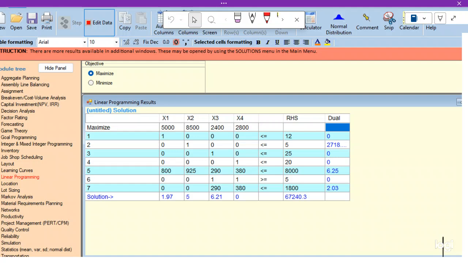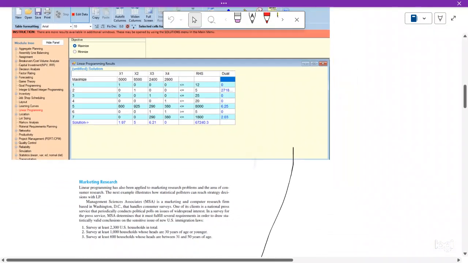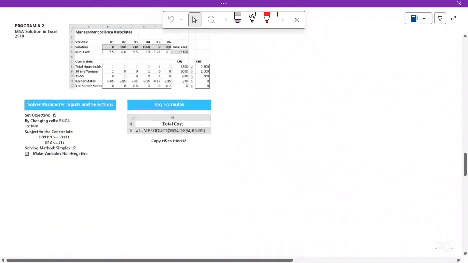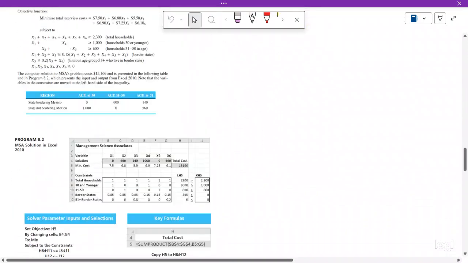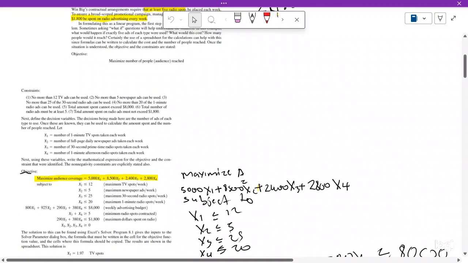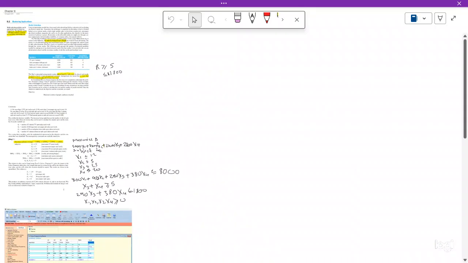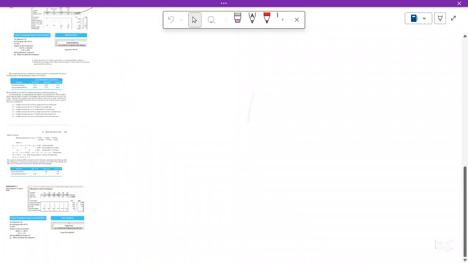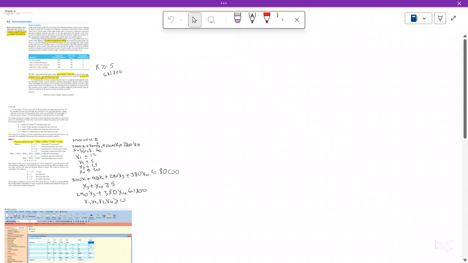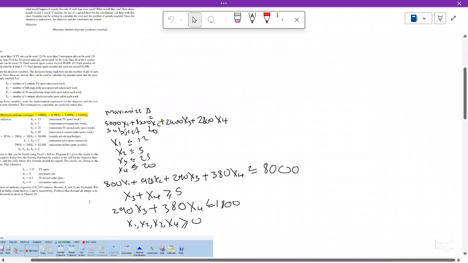So this is where you have multiple variables, more than 2 variables. You can get up to 4 or 5 variables. So yeah, it's quite intense. All right. So this is actually chapter 8.